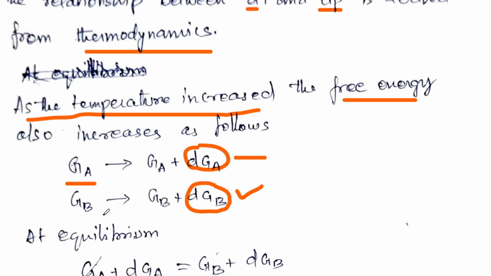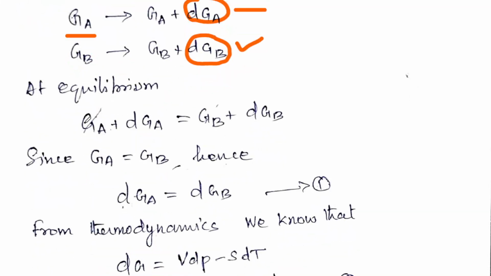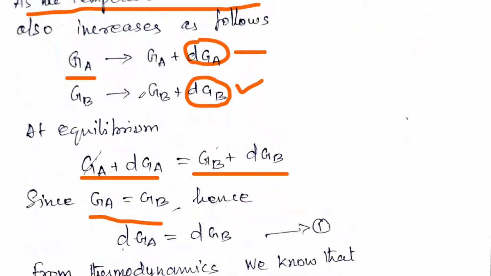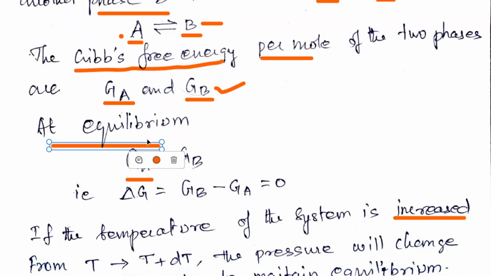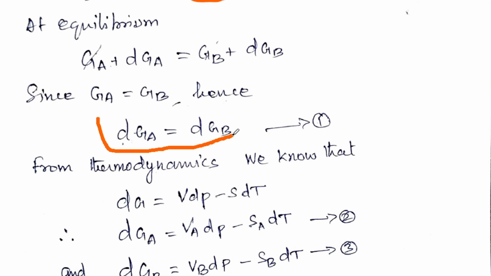At equilibrium, Ga plus dGa and Gb plus dGb will be equal. And we have already seen that Ga is equal to Gb. So this equation can be modified, and Ga and Gb will cancel out. Now dGa is equal to dGb. Let us consider this as equation 1.